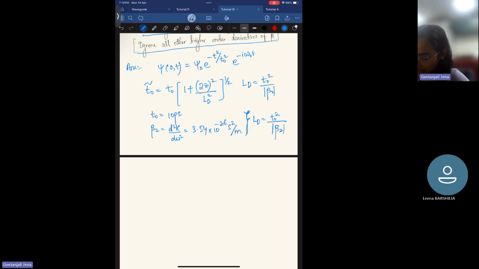Okay, if it is taking time, let me write down the answer. LD is T0² by beta 2. So this will be (10 picosecond) squared, so 100 into 10 to the minus 24, over beta 2, which is 3.54 into 10 to the minus 26.